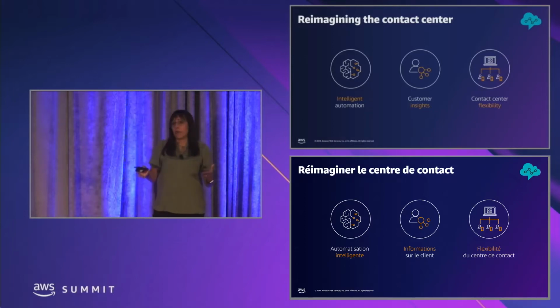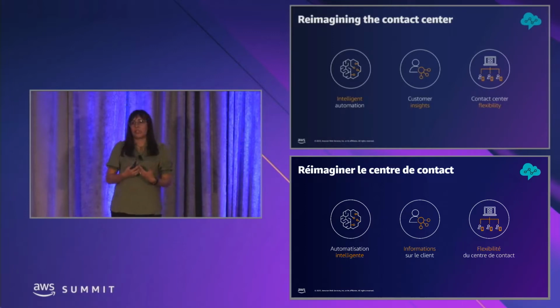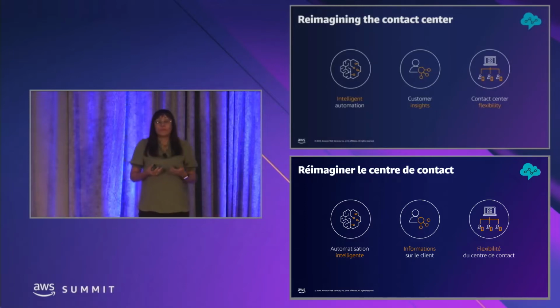This is powered by Amazon Connect Wisdom, which allows you to add all the repositories like wikis or other systems that you have information in and add it just there in the agent desktop for the agent to provide a better service.